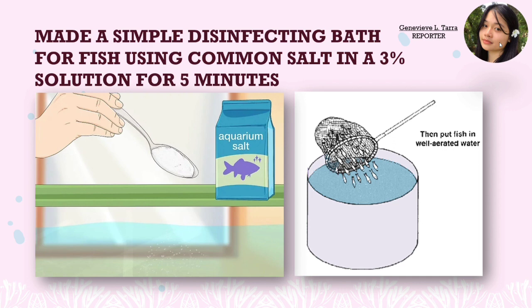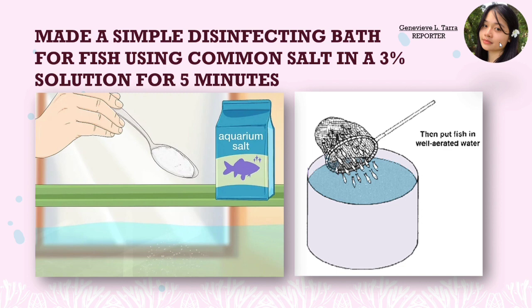It assists in the healing of injuries, promotes the formation of slime coating, improves gill function, reduces the uptake of nitrite, decreases osmotic stress, and is even effective against some external parasites. However, some plant and fish species cannot tolerate much salt, so it must be used with caution.